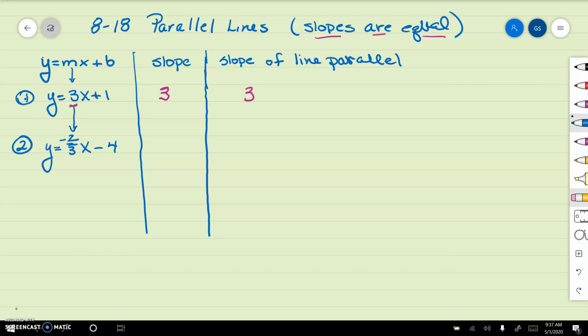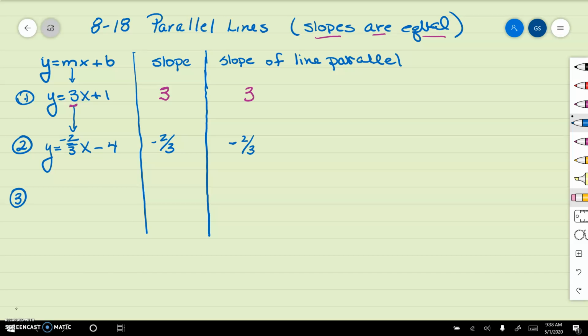M is negative 2 over 3 for number 2. Now if I want to know the slope of the line that is parallel to that line, I'm going to just write the same exact number for slope, because that's how I know the lines are parallel, if the slopes are equal. Okay?